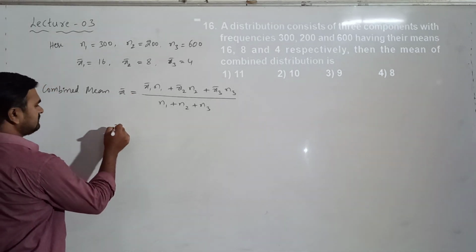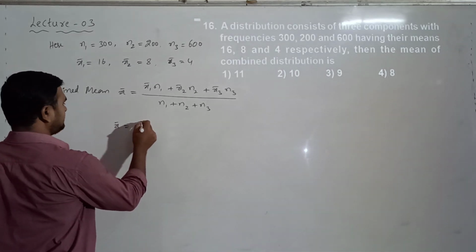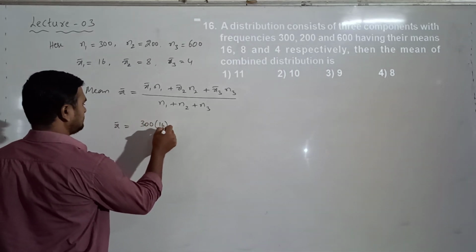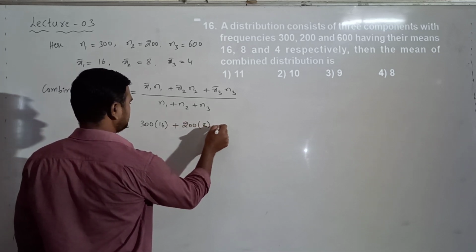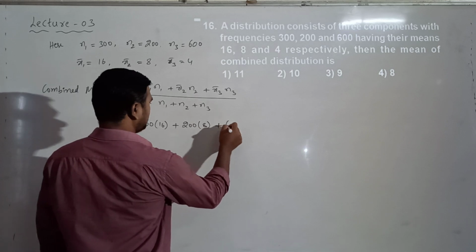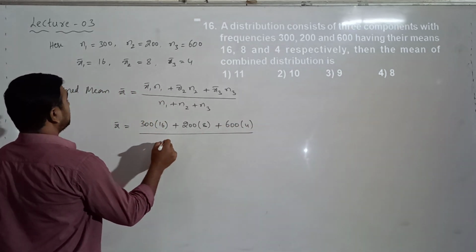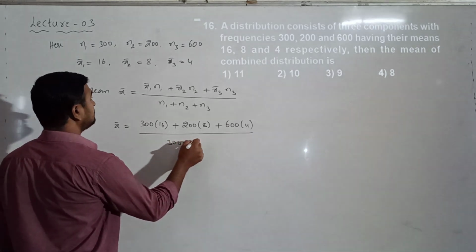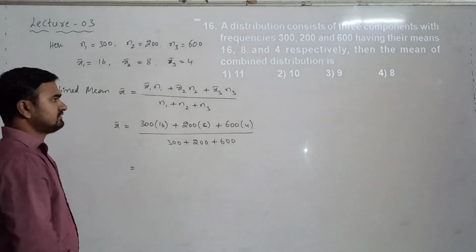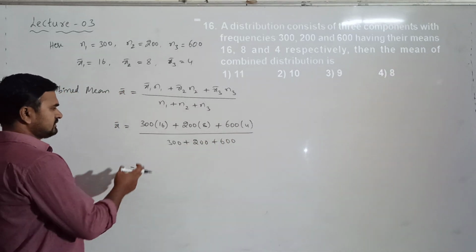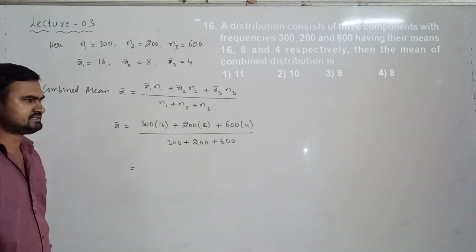So combined mean x bar equals x1 bar n1, 300 into 16 plus 200 into 8 plus 600 into 4, divided by 300 plus 200 plus 600. So let's simplify the value. 100 you can take common in numerator and denominator and cancel.